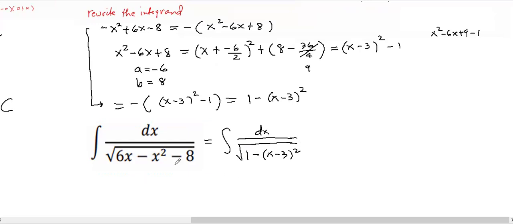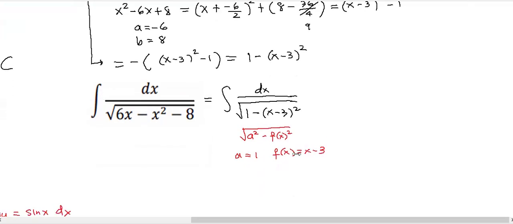So ano yung itsura nito? This is square root of a square minus f of x square. So, yung a natin is simply 1. Yung f of x natin is simply x minus 3. So, since our f of x is again an expression, U technique tayo, let u be x minus 3.